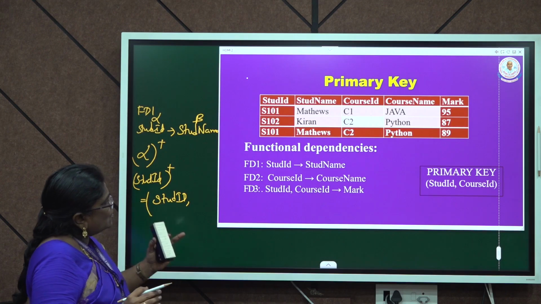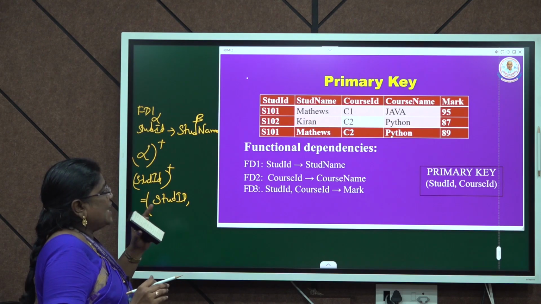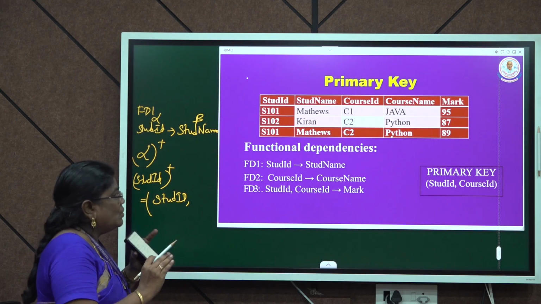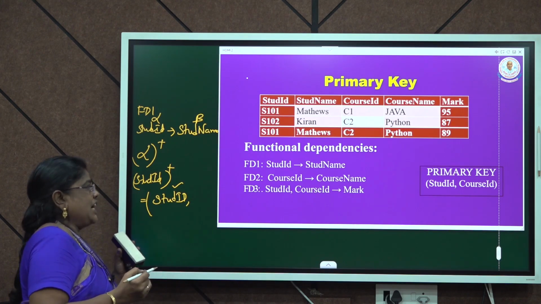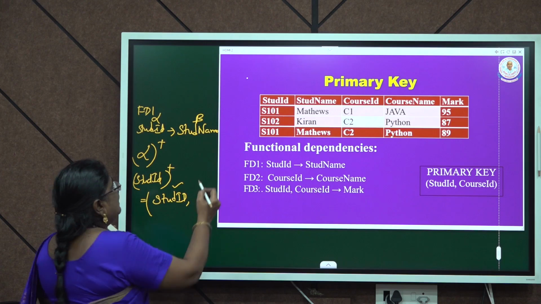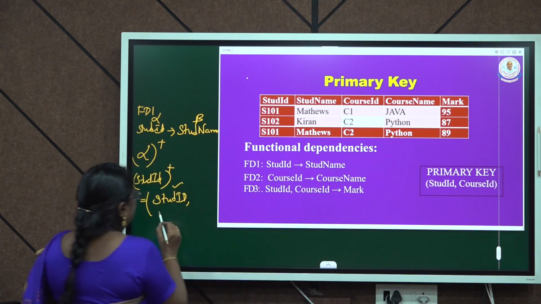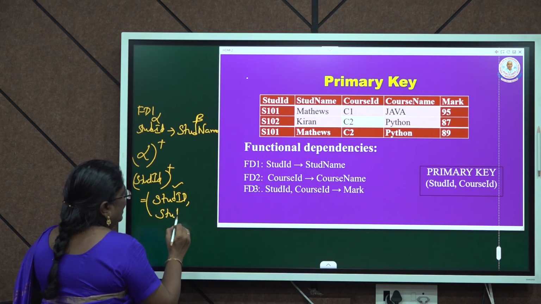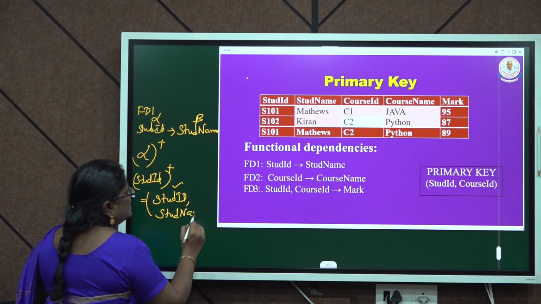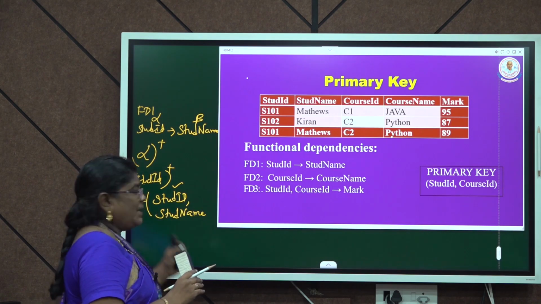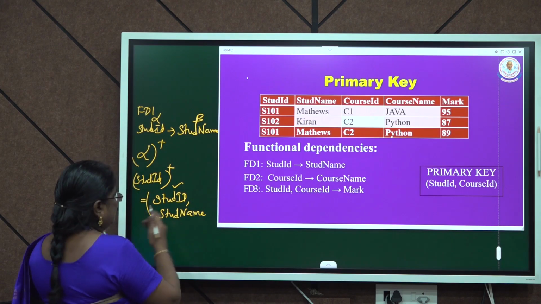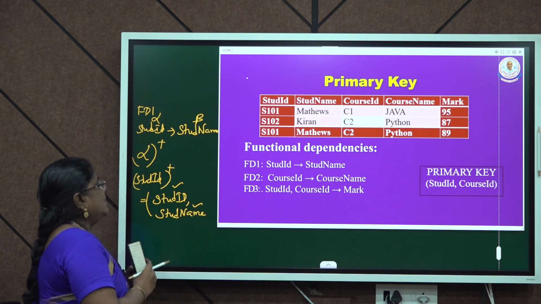And here there is no other functional dependency starting with stud ID alone, and hence this is okay. In addition to that, I have to check whether we have the beta, that is the student name, to be included, and this is stud name. And the next step is to find the combination of these two attributes which we have included in the closure.